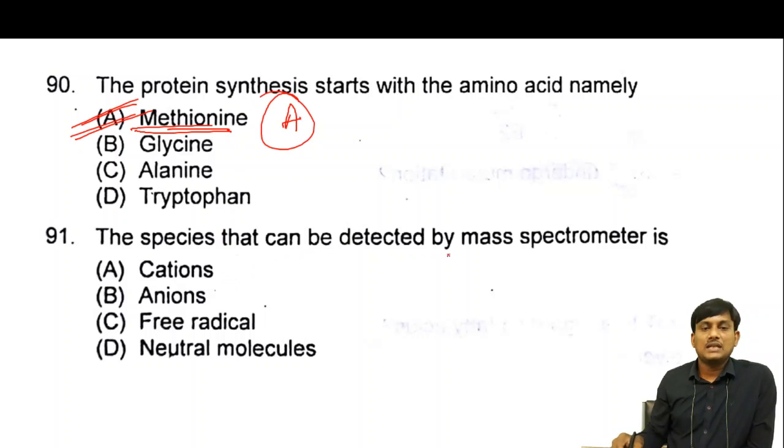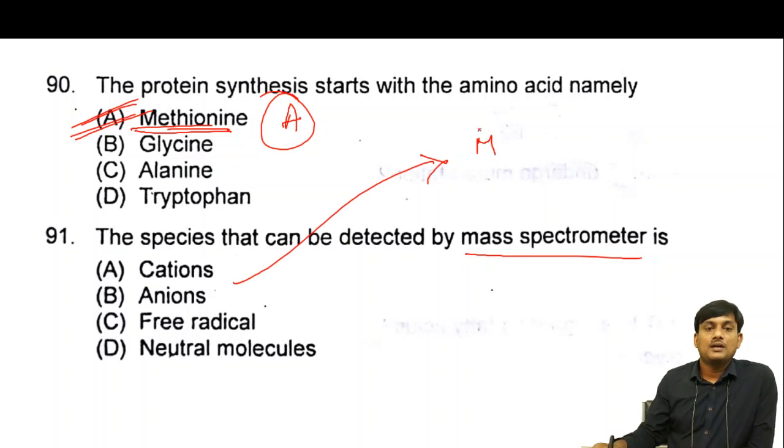The species that can be detected by mass spectrometer, what are the species? Suppose let us take some parent molecule. When you send fast moving electrons, there is a removal of one electron, there is a release of two electrons.